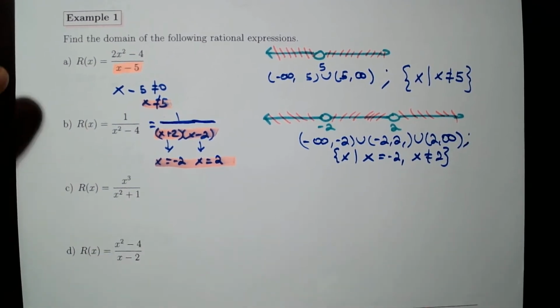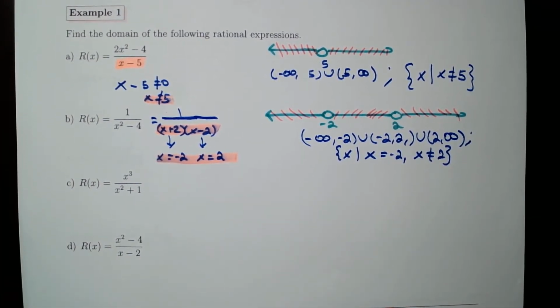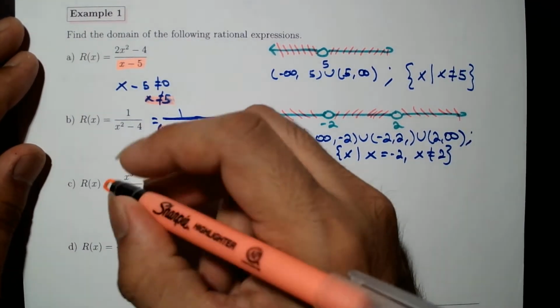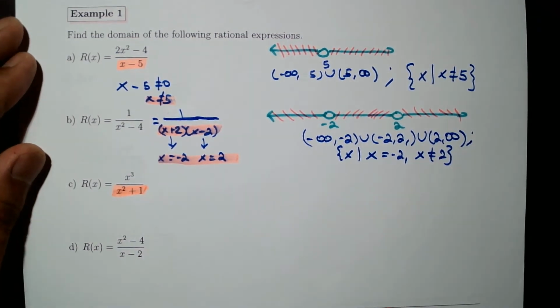What about r of x equals x cubed divided by x squared plus 1? In that case, let's find out. We have x squared plus 1 in the denominator, so let's find out whether we have a restricted value.